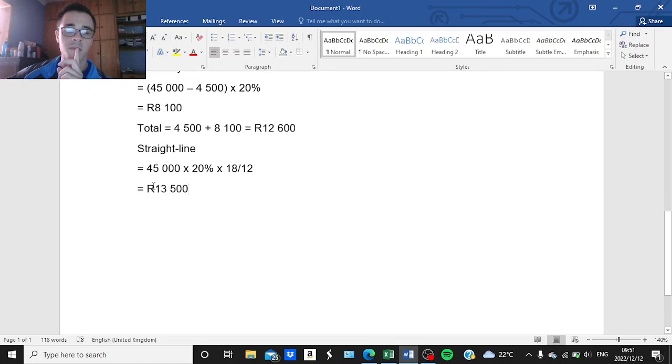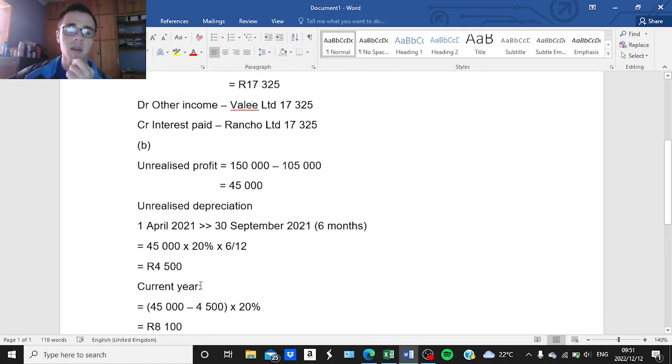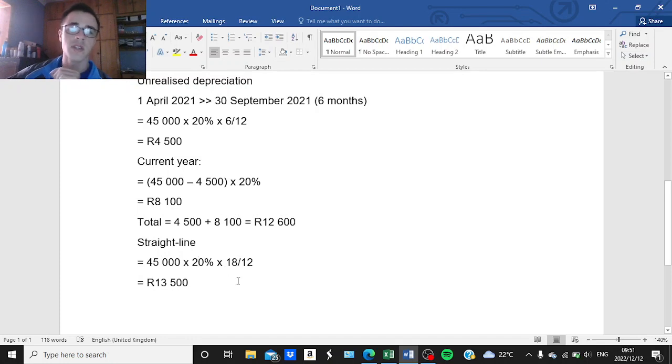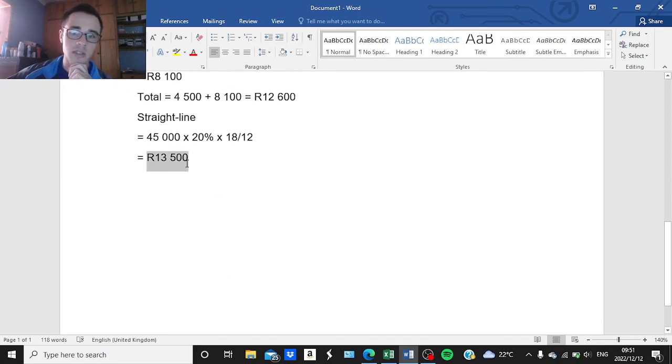Okay, so this would have been the unrealized depreciation that you would need to eliminate in total if you used the straight line method. And because this is the total that you are eliminating, you would need to split this between the previous period and the current period. So if you use the straight line method, the previous period would still be 4,500. How do we determine that?